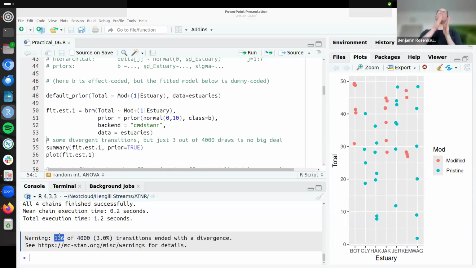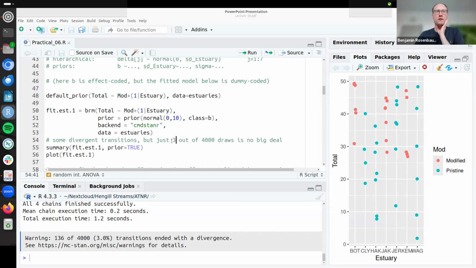It means that at some point in the MCMC iterations, choosing a new sample, it didn't find a good proposal for a new sample. So it just continued sampling in another direction. That's not a problem if this happens once or twice. But if this happens 100 times, this means 100 of these samples are chosen in a weird way. So we definitely should take care of this.